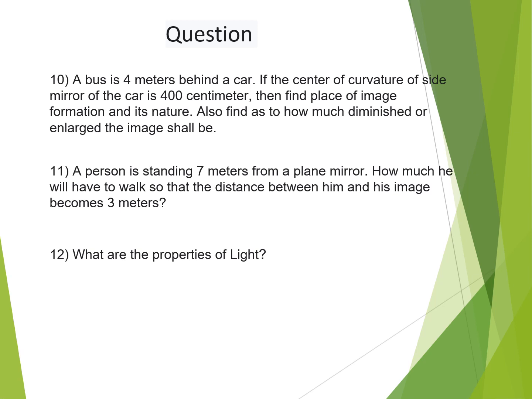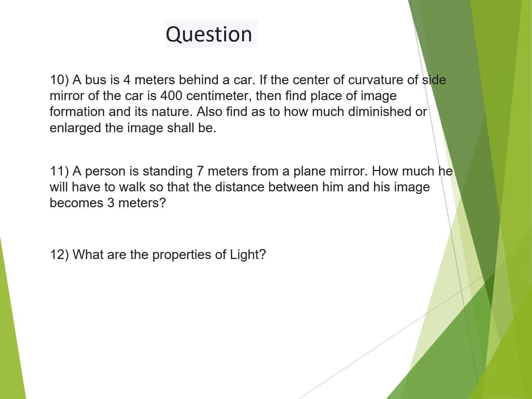That means the image shall be 4 upon 3 meters on the right hand side of the mirror. Right? So this is the place of the image, and it shall be virtual because it is convex.